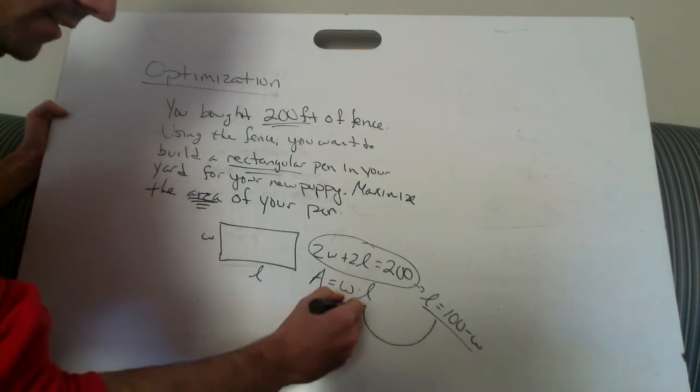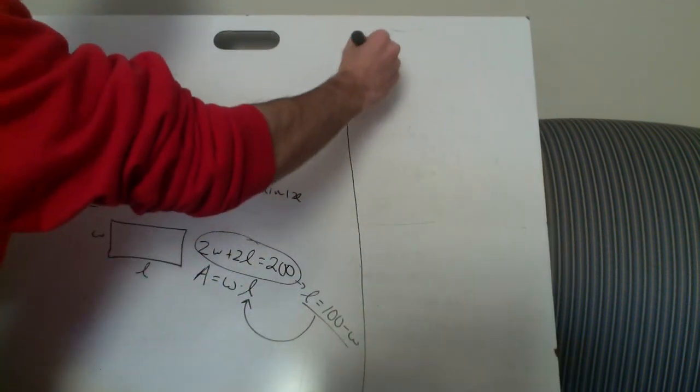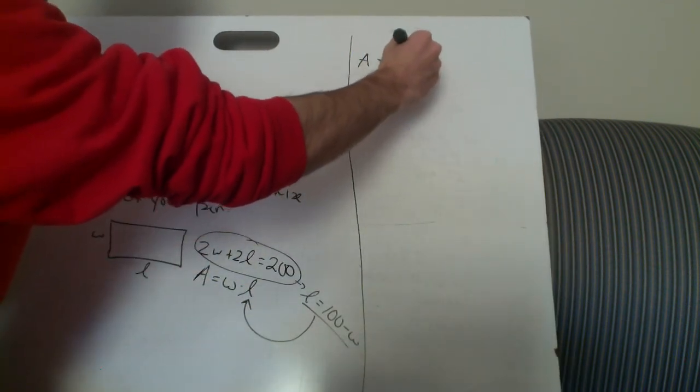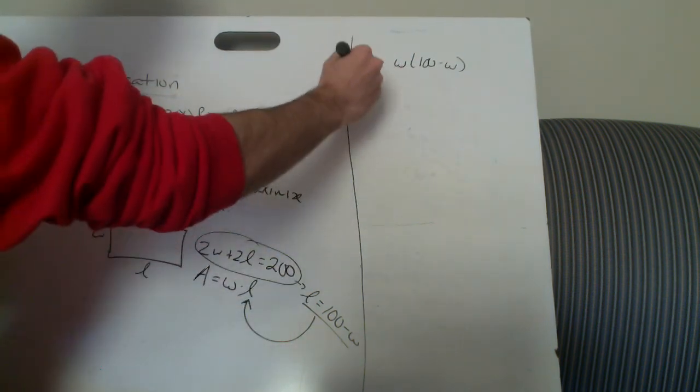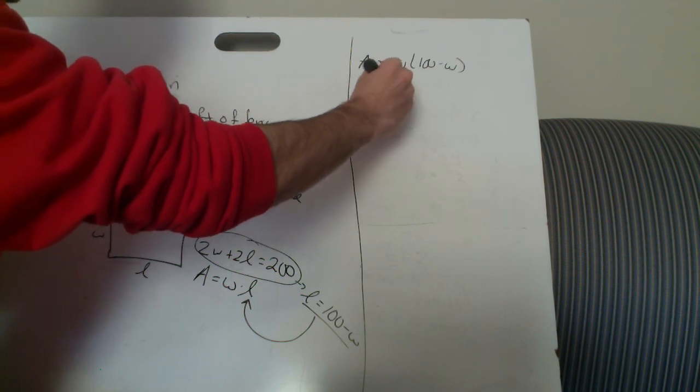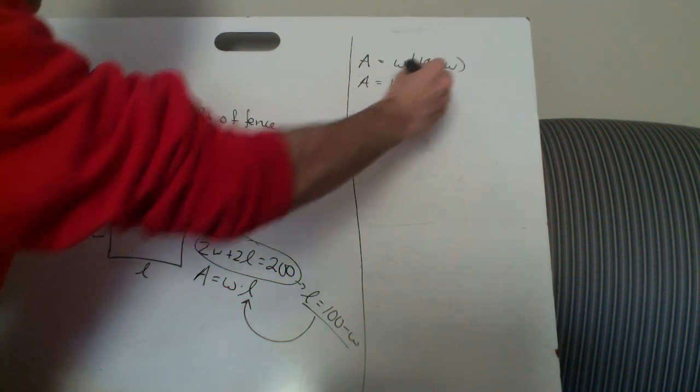And then I'll go ahead and stick that in there. So now it's time to maximize our area. I know that the area is now W times 100 minus W. Well, that means that the area is 100W minus W squared.